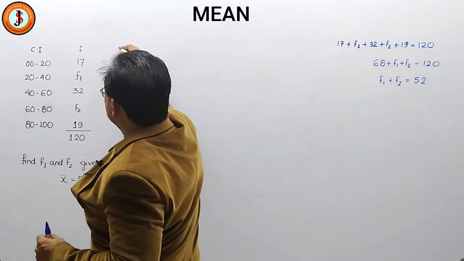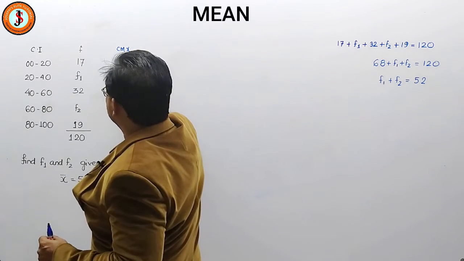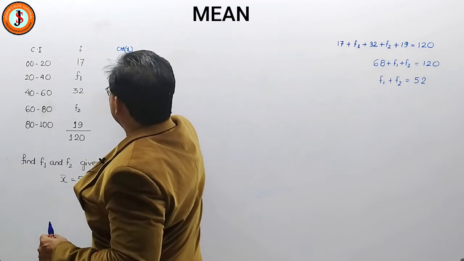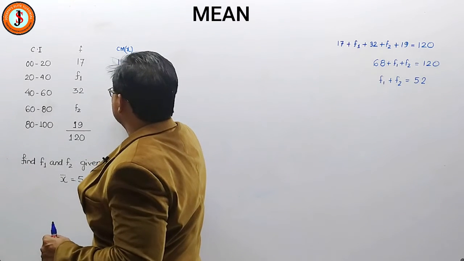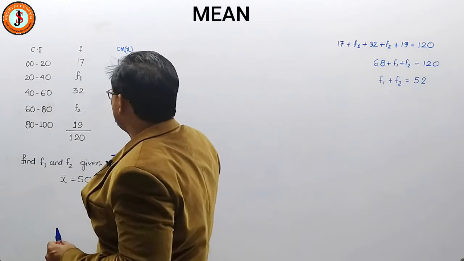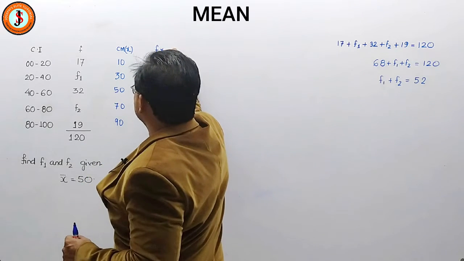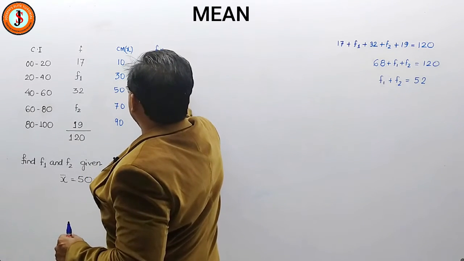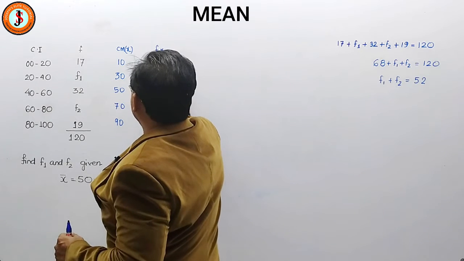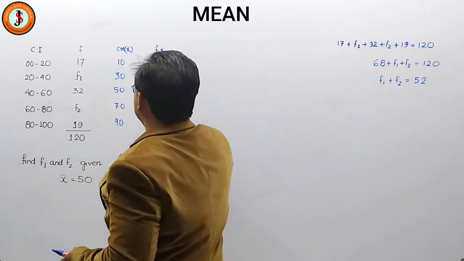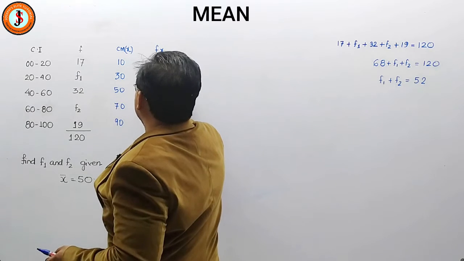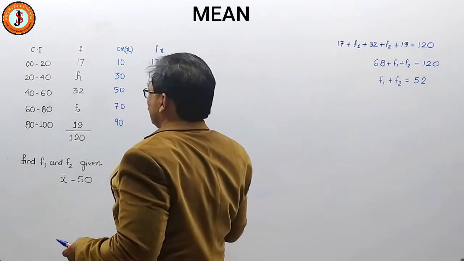Second one, we get the class marks, that is X. We go fast: 10, then this is 30, then this is 50, then this is 70, and this is 90. So if you are fully focused, you can get fx very fast. This will be 170, this will be 30 F1. I put a rectangle so that algebra and arithmetic don't mix. This is 50 into 32, that is 1600.